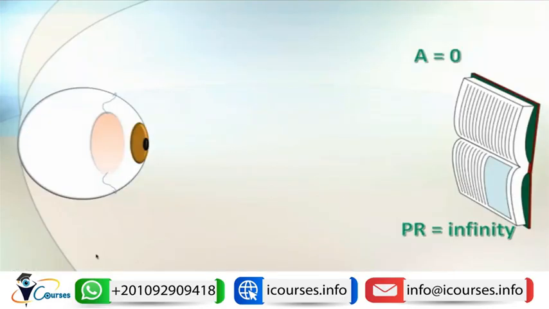So for example, if the patient is emmetrope, then this patient has a punctum remotum at infinity, as we mentioned before. The accommodation will be equal to 0, because the punctum remotum is the point at which the accommodation is completely relaxed.